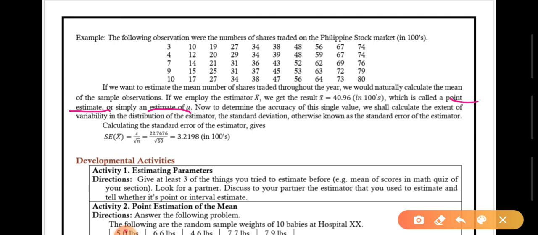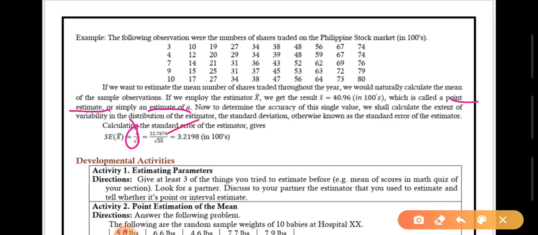Now, to determine the accuracy of this single value, we shall calculate the extent of variability in the distribution of the estimator, the standard deviation, otherwise known as the standard error of the estimator. Calculating the standard error of the estimator gives this formula: standard deviation of the sample over the square root of n.